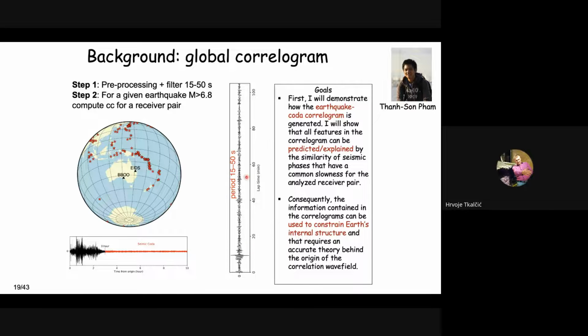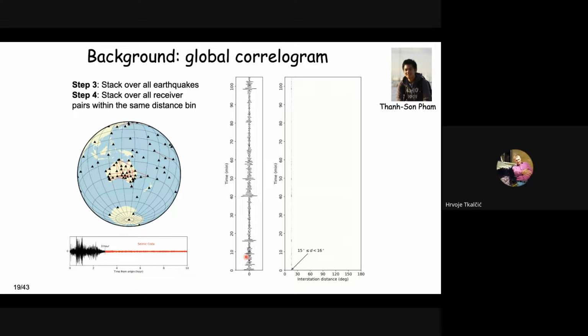And this is what you obtain. This is the cross-correlation function, filtered between 15 and 50 seconds. You can see some features here where obviously these two seismograms were similar, so they resulted in a peak in the cross-correlation function. Now, in the next step, we can repeat this for every single station pair between 15 and 16 degrees that we can identify on this map.